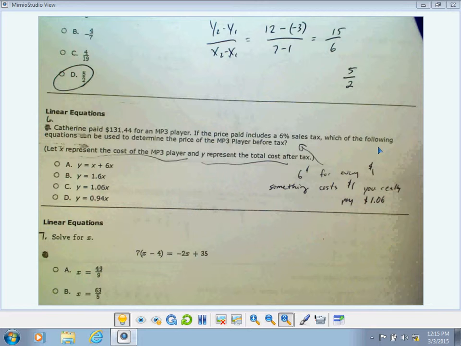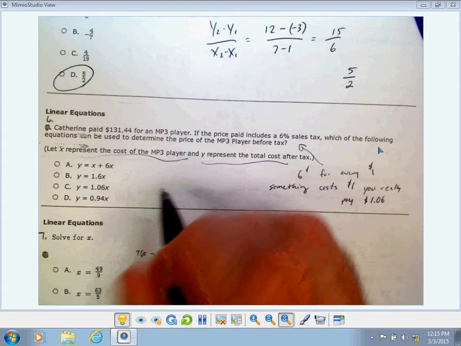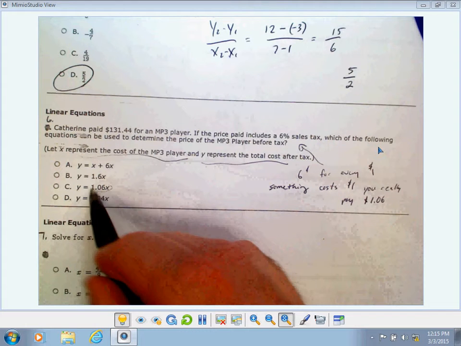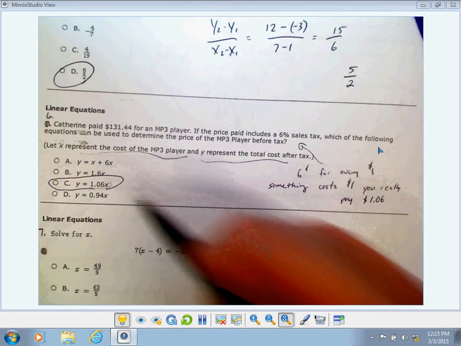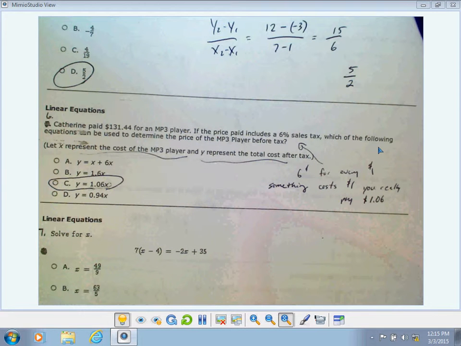So if you want to know how much you really pay, the total would be $1.06 times whatever the item costs. It's this one. The one above it would be if tax was 60%. Luckily, it's only 6%.